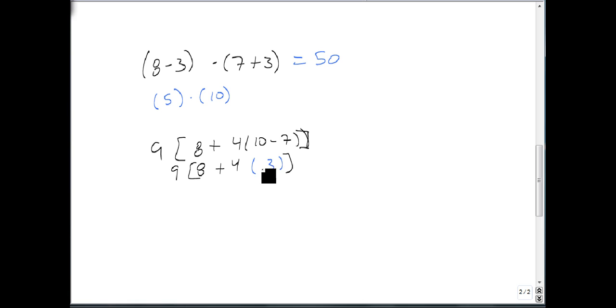Then we do what's inside the square brackets. 4 times 3 is 12. Notice I'm doing the multiplication first. 8 plus 12 is 20, and 9 times 20 is 180.